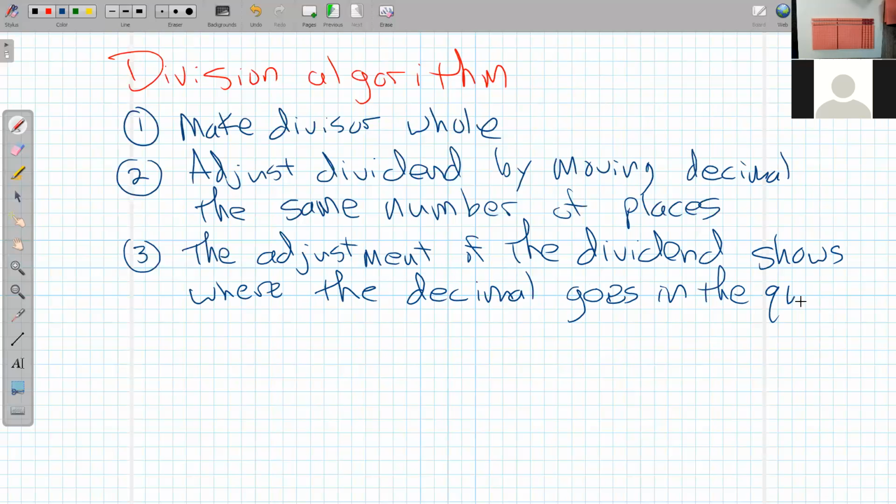The answer is called the quotient. And then otherwise we just divide like whole numbers.